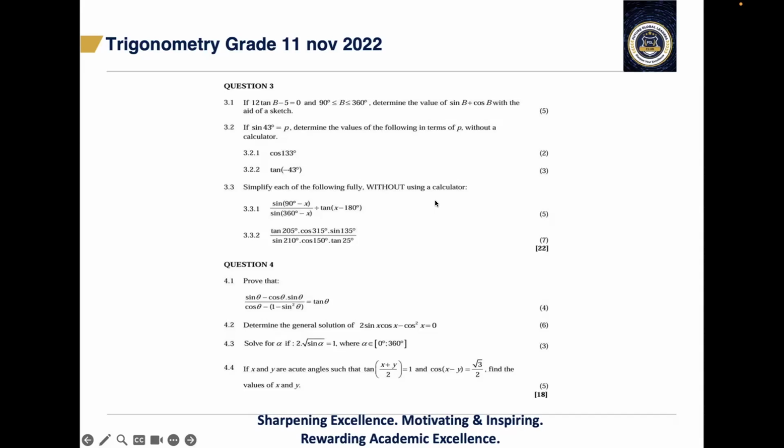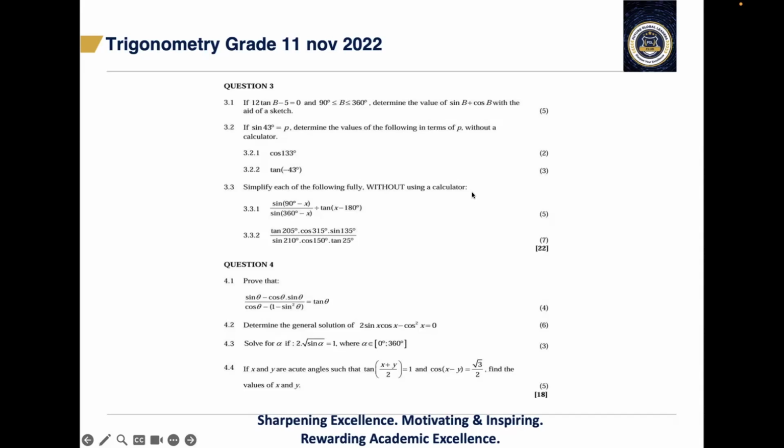It is said here, if 12 times beta minus 5 is equal to 0, and your beta is between 90 and 360, you will encounter the very same question in grade 12 in 5.1. And then it says that if sine 42 is equal to P, you will encounter the same question in grade 12 after 5.1.